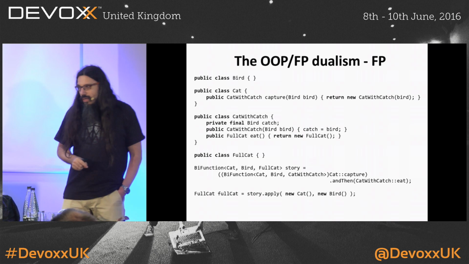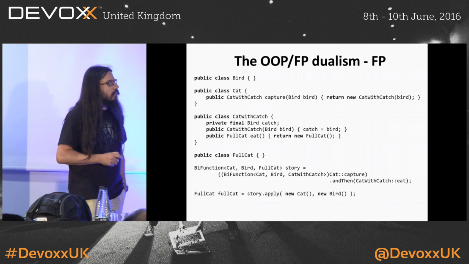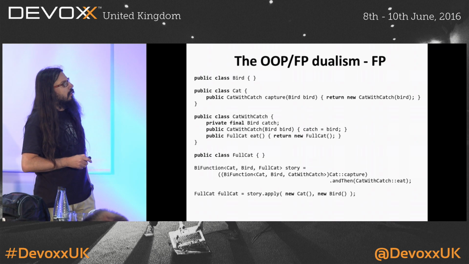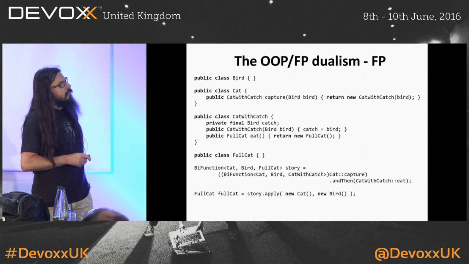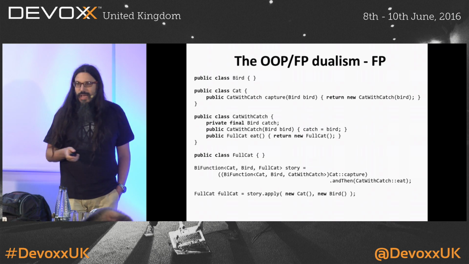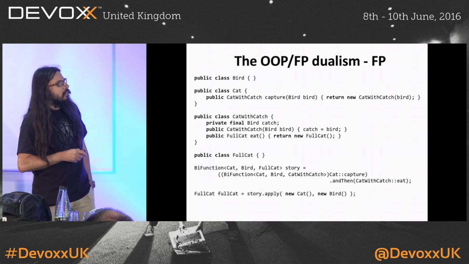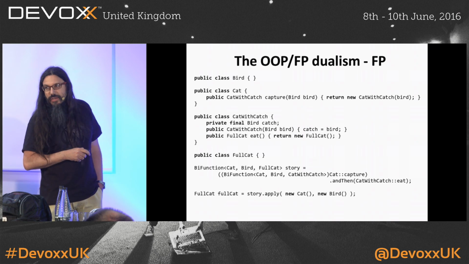Let's give a look at the functional style story. I still have a bird, but this time I have three types of cats. I have three flavors of cat. I have a cat that is not full and doesn't have a catch.